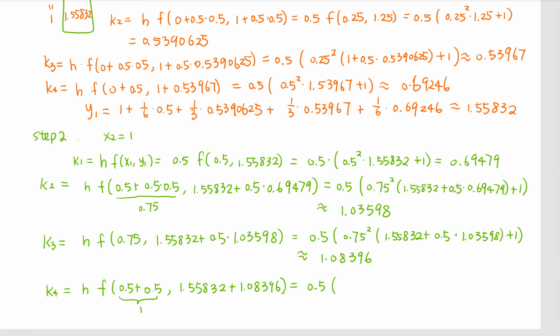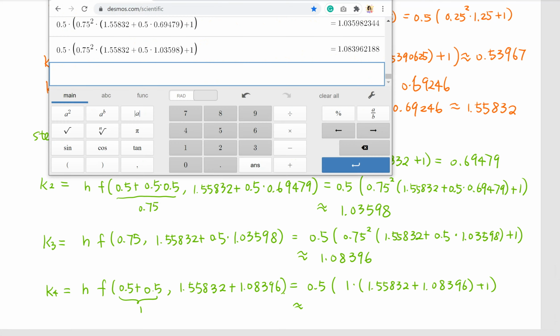And then 1 squared is just 1 times 1.55832 plus 1.08396 plus 1. Okay, what is that?